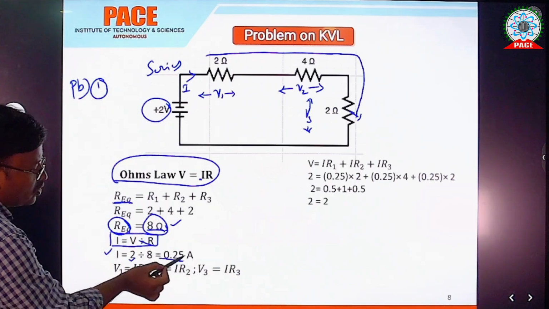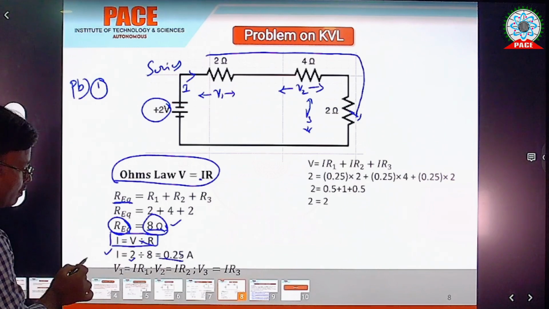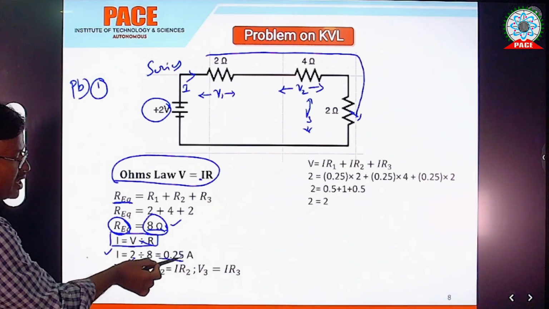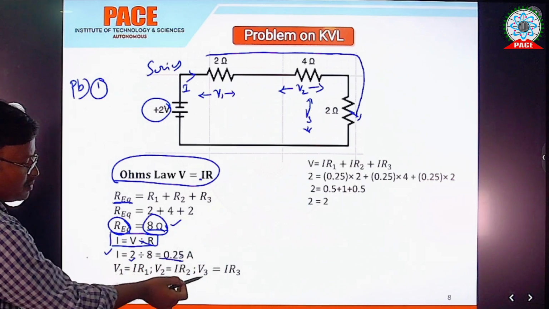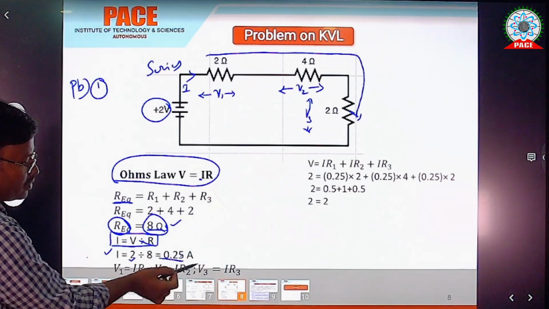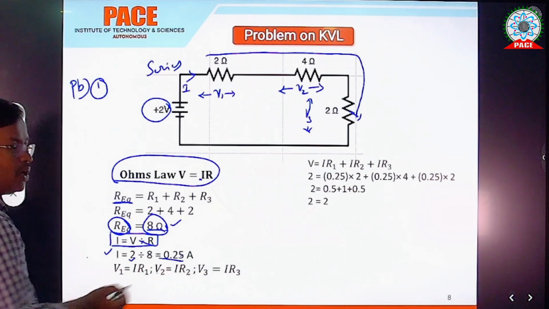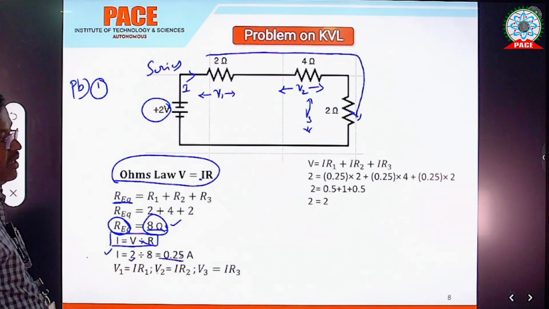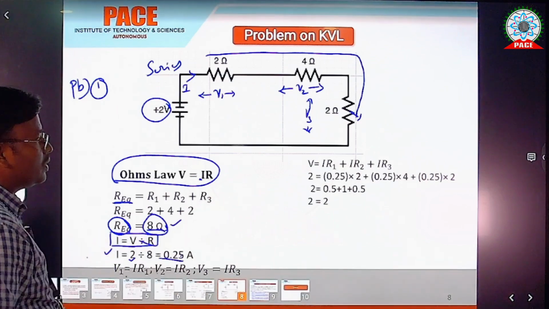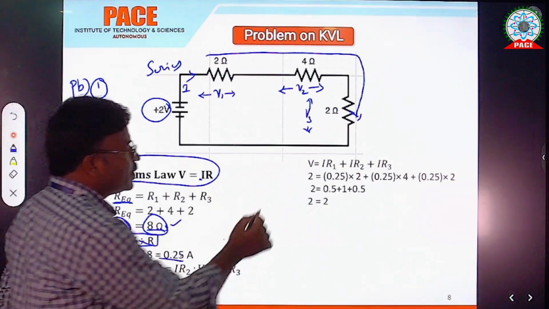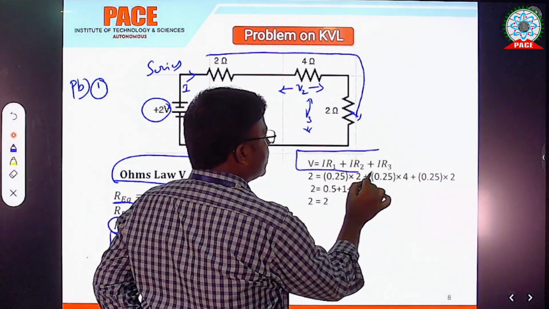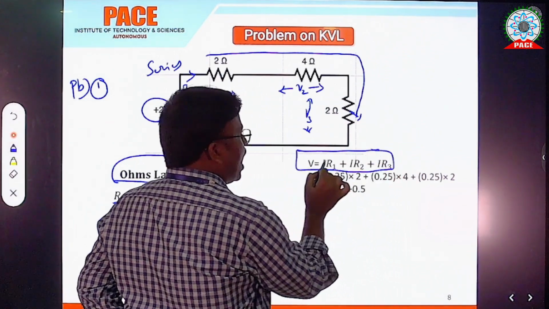I will be the same for all the drops here. So V2 equal to I into R2, V3 equal to I into R3. I will be common here, only the resistance varies. So I am going to write V equal to I into R1 plus I into R2 plus I into R3.